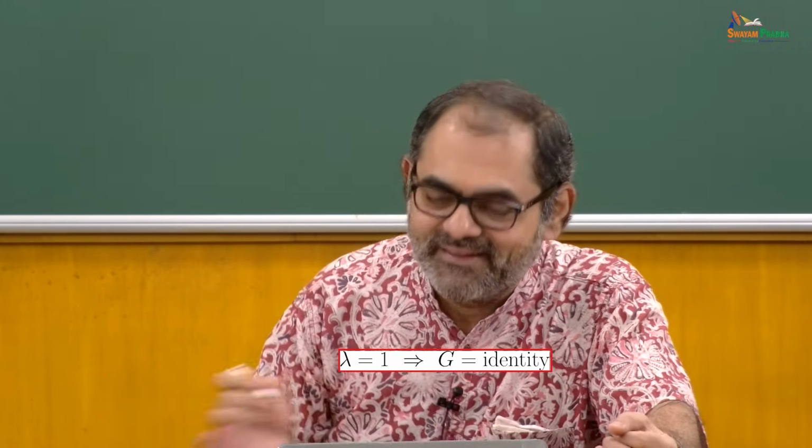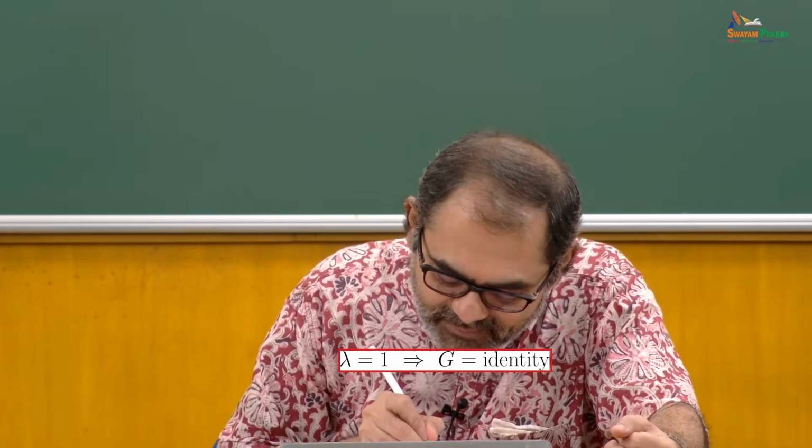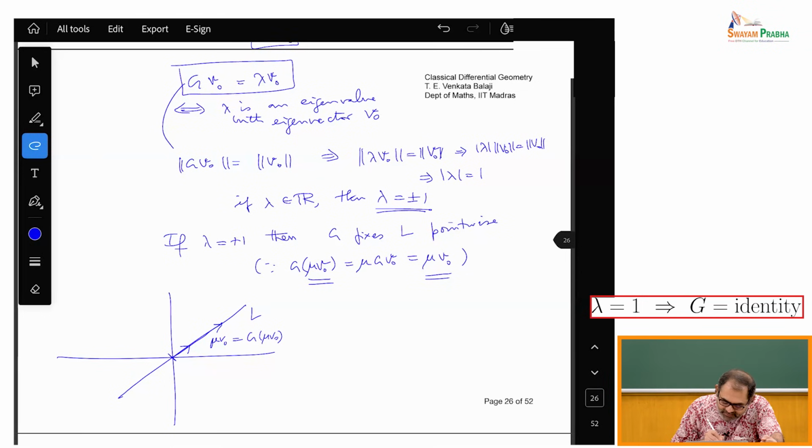So let me write it like this. I have here V naught cap, and W naught cap, which is obtained from V naught cap by rotating by 90 degrees.